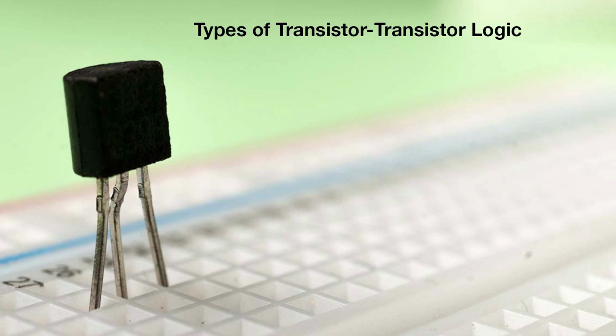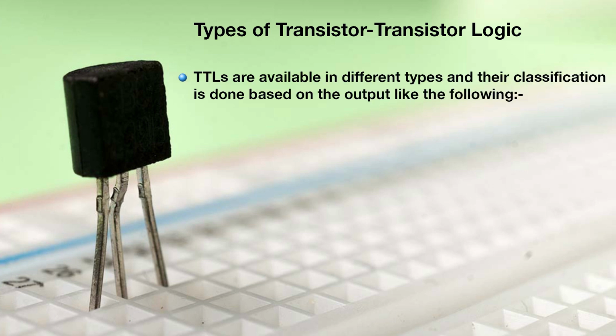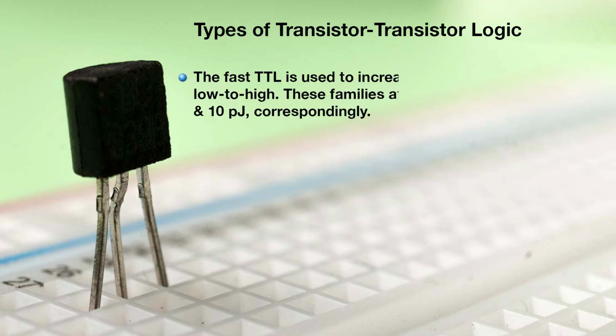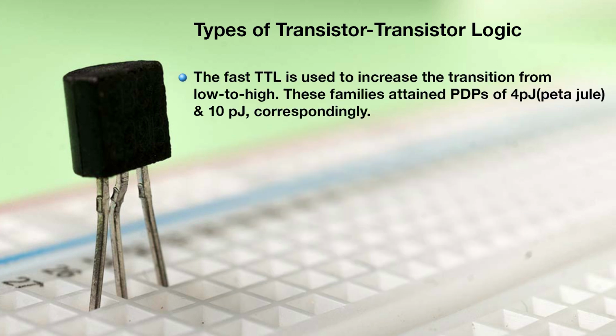Types of transistor logic TTL. TTLs are available in different types and their classification is done based on the output like the following: standard TTL, fast TTL, Schottky TTL, high power TTL, low power TTL, advanced Schottky TTL. The fast TTL is used to increase the transition from low to high.